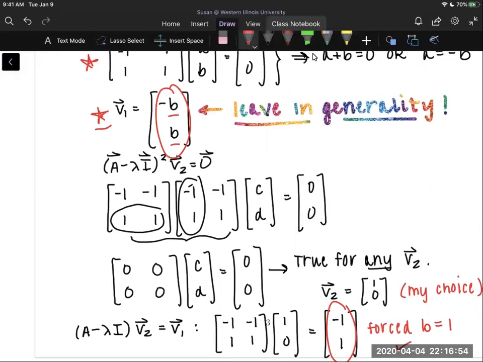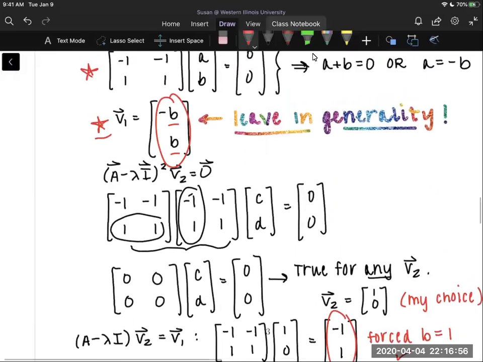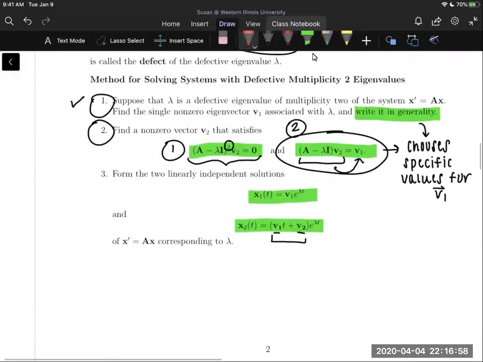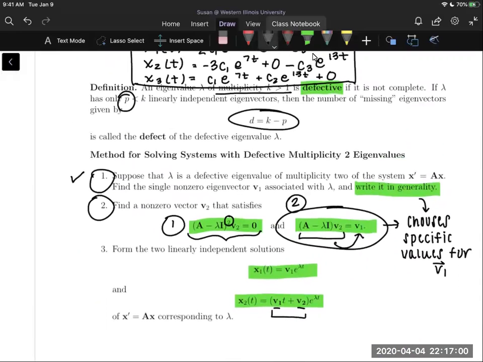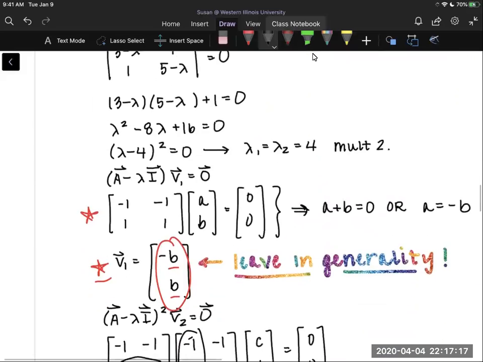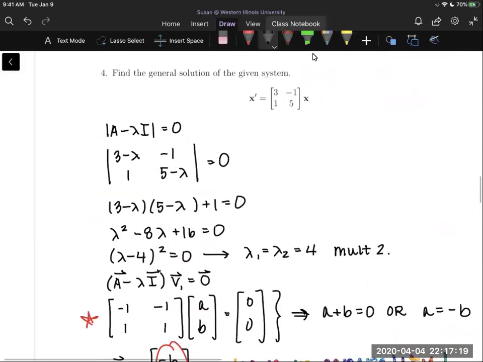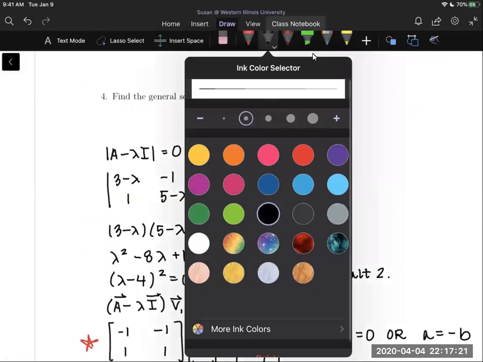So then finally we can write out our solutions. We've moved on now to step 3. The first solution is as it always was, V1 e to the lambda t. But then our second solution looks a little bit different here: V1 t plus V2, that whole quantity times e to the lambda t. So let's write those out. I'm going to write them up here since I kind of ran out of room.